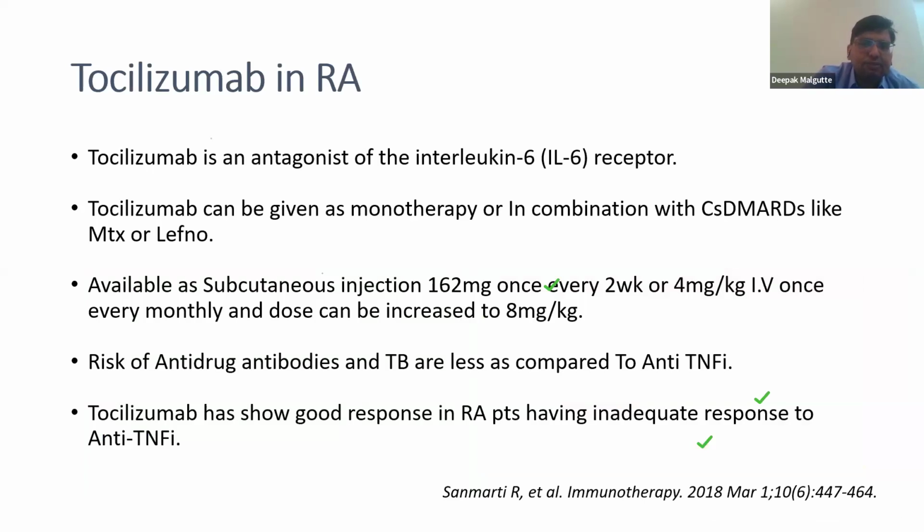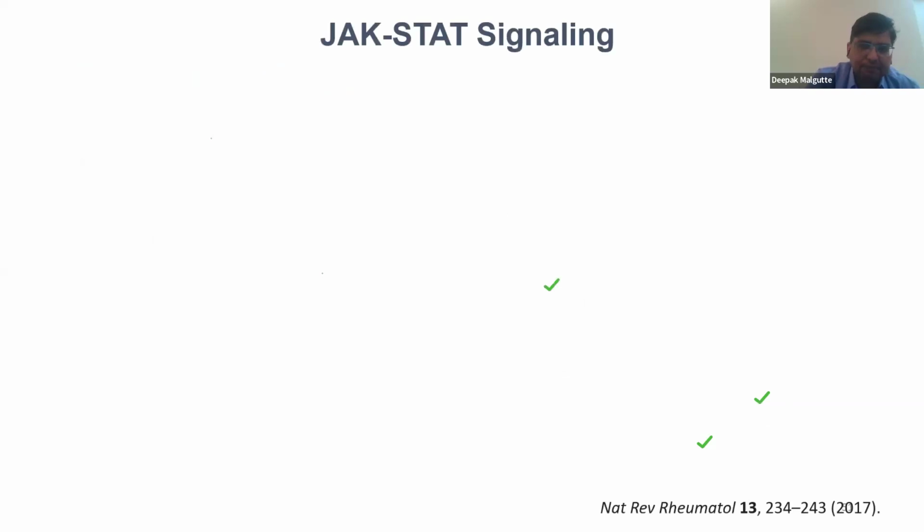Another is tocilizumab, which is an IL-6 receptor antagonist, available in either subcutaneous or IV injection form. It is preferred as a monotherapy or in combination therapy, especially in patients with rheumatoid arthritis who have had anti-TNF failure.